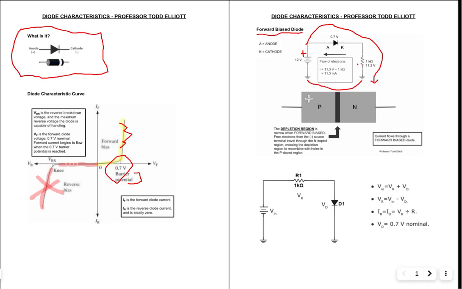On the P side, I'm sorry, I'm just doing this with my mouse. Okay, we have holes. What's a hole? A hole is just a spot where an electron is not. So it has a slightly positive charge. Okay, and these are the free electrons which come from the negative plate on the battery, which is acting as an infinite electron source.